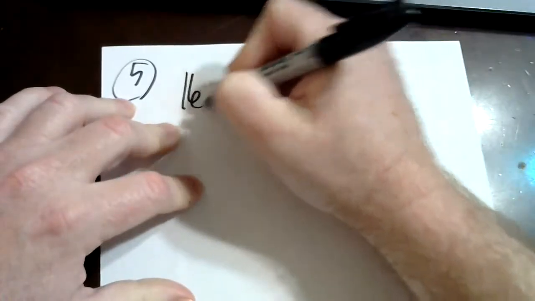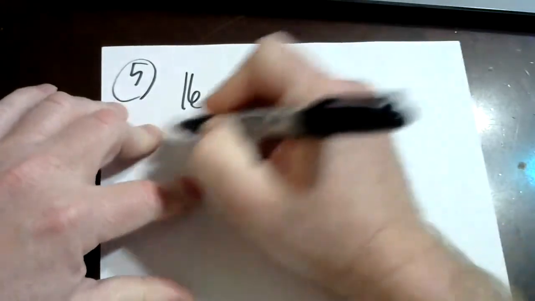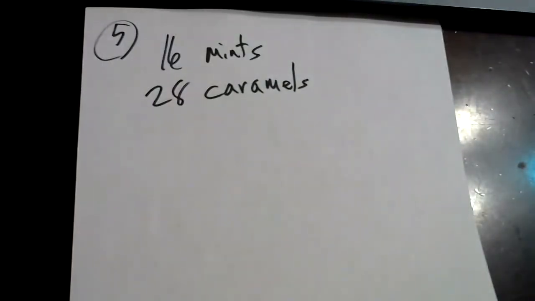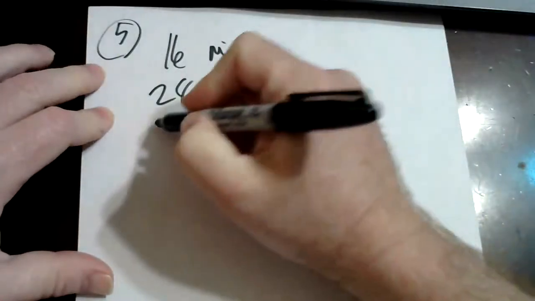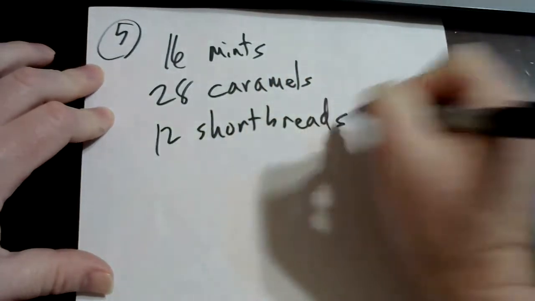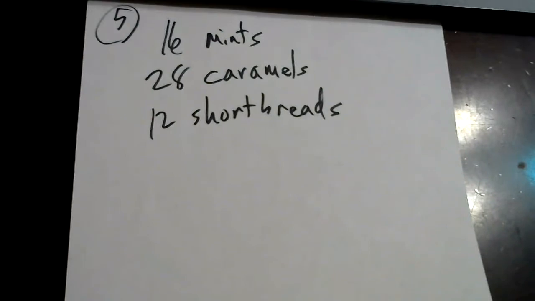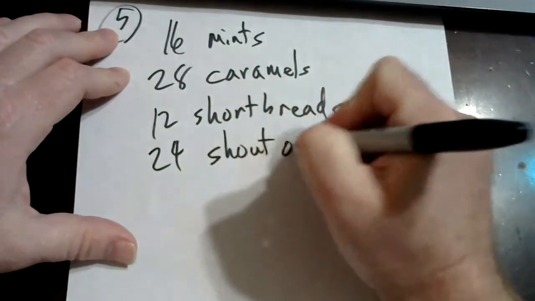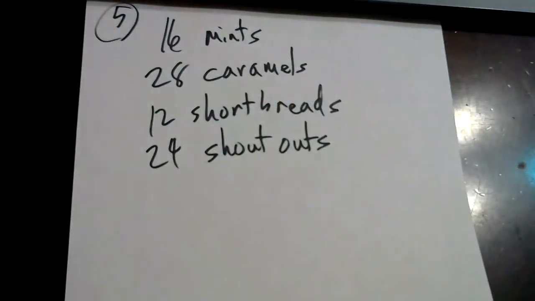We have 16 mints, 28 caramels, 12 shortbreads, and 24 shout-outs. So those are all the cookies.